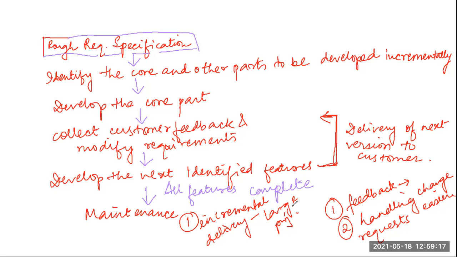Okay, so evolutionary models are normally used for large projects where it is easier to find modules for incremental implementation. Also when the customer prefers to receive the product in increments so that he can start using the different features as and when they are delivered, rather than waiting all the time for the full product to be developed and delivered. For those cases, this evolutionary model is helpful.